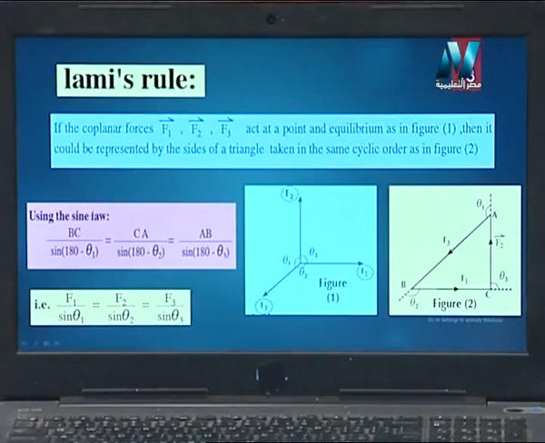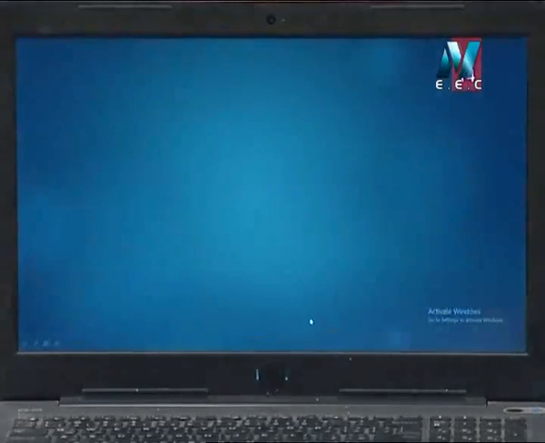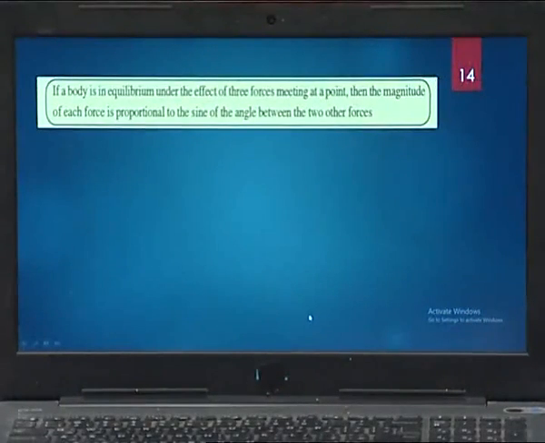It's very different. If a body is in equilibrium under the effect of three forces meeting at a point, then the magnitude of each force is proportional to the sine of the angle between the other two forces.